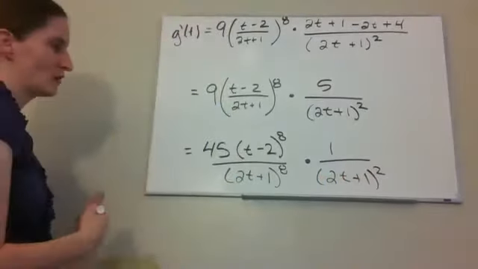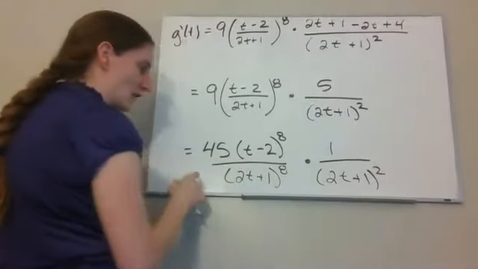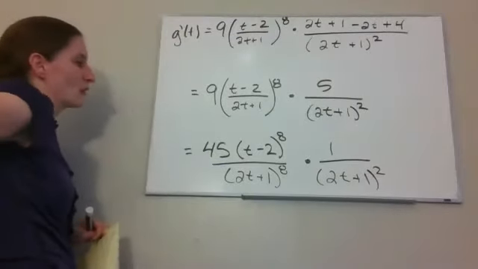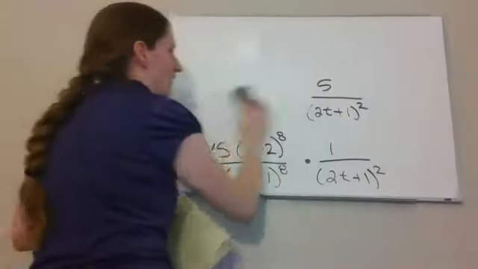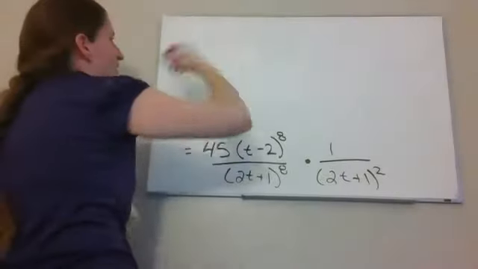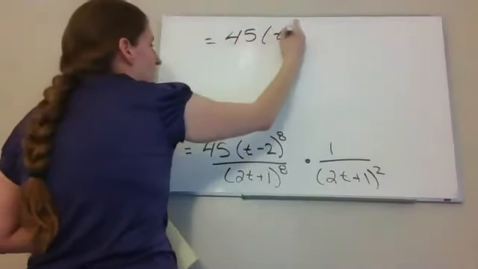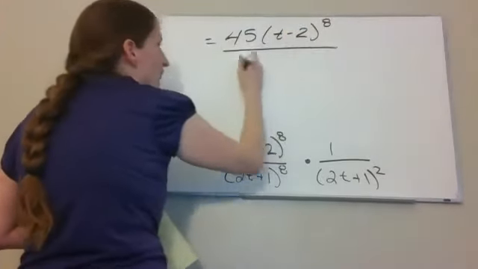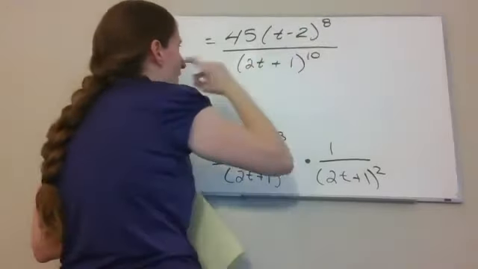And the only reason I'm doing that is to make it very obvious that I can multiply these two fractions together and end up with a (2t plus 1) to the 10th power in that denominator. So fully simplified as far as it can get, we're going to have 45 times (t minus 2) to the 8th all over (2t plus 1) to the 10th power.